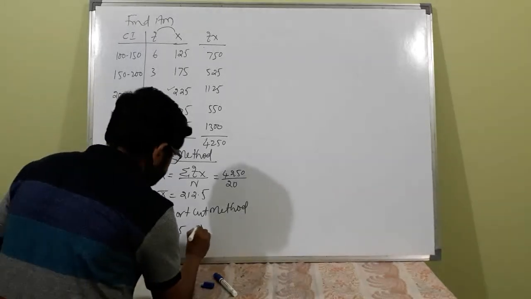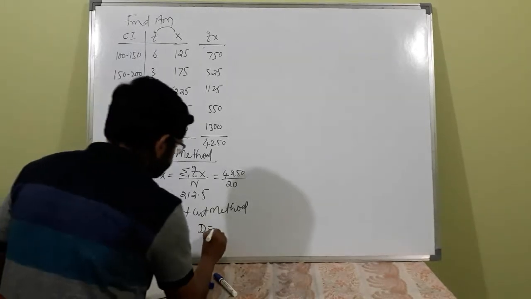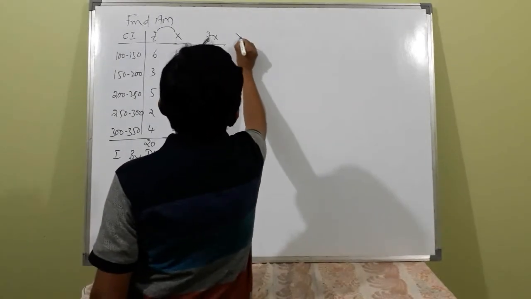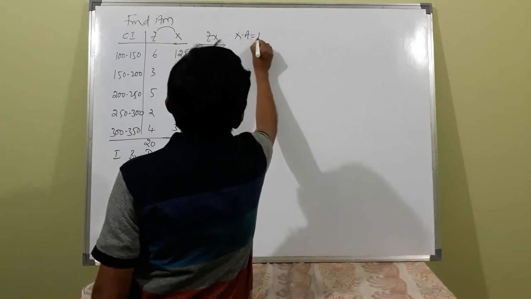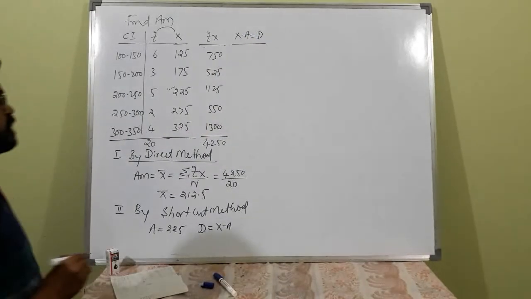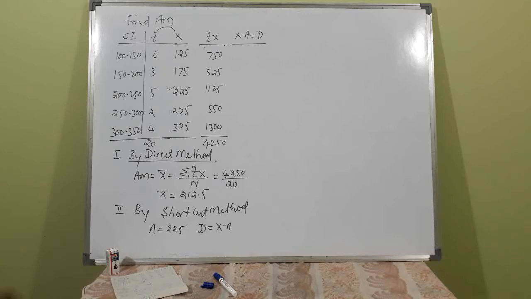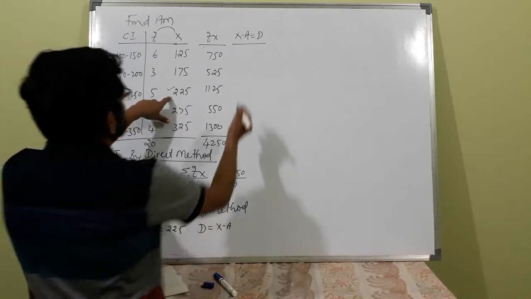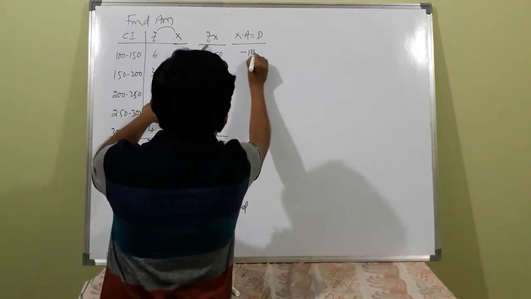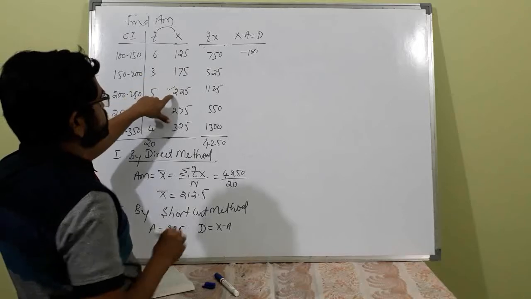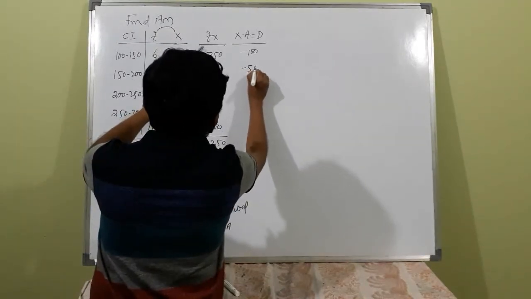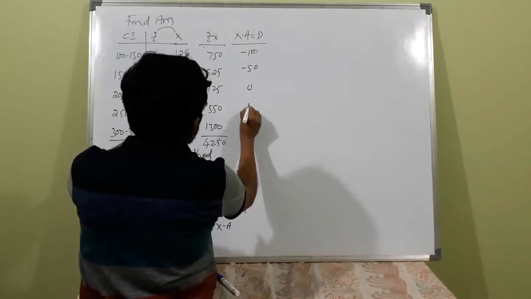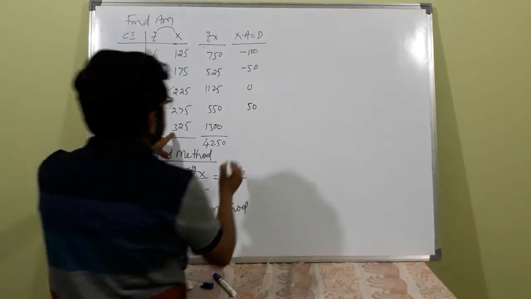Define D is equal to, this is deviation, x minus A. You construct one column here, x minus A. Okay. 125 minus 225 is minus 100. 175 minus 225 is minus 50. This will be 0 and this is 50 and this is 100 again.